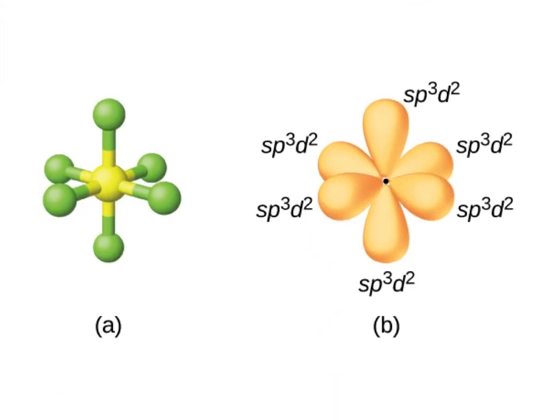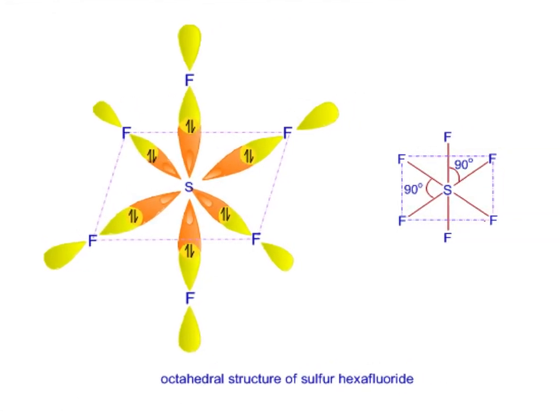Here's what it would look like when we've got the clouds actually drawn in. You can see that jacks kind of configuration in diagram A, and diagram B actually shows you those sp3d2 suborbitals. And then finally, the actual molecule is going to look something like this. And you can see the overlap. And again, you can see those sigma bonds formed between the sulfur and the 6 fluorines that it's bonded to.